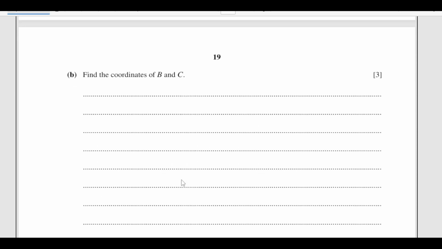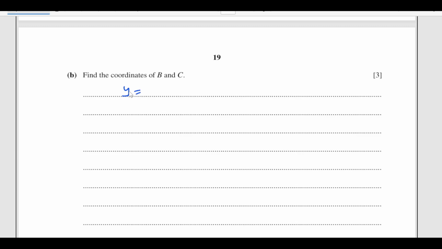So for B and C, now we have got the value of m. So the equation of the tangent is y equals mx plus c. We have mx plus 10, c is given to us.